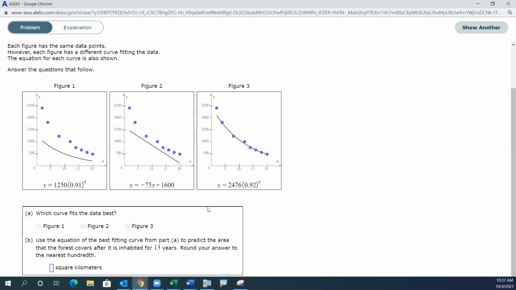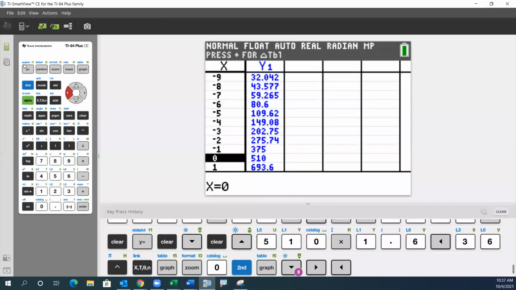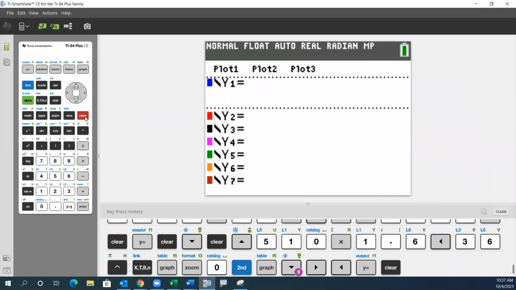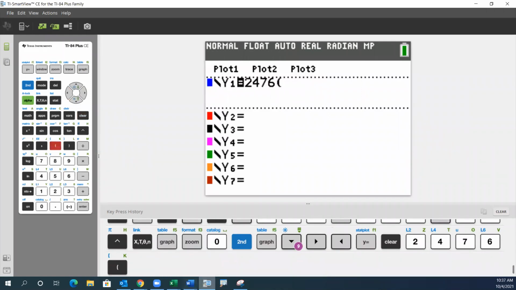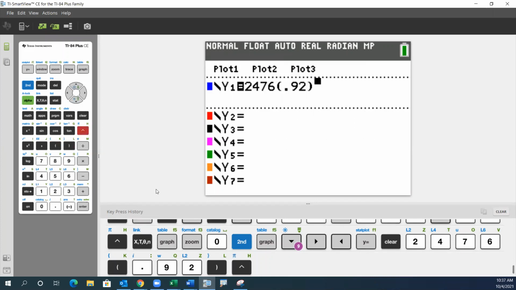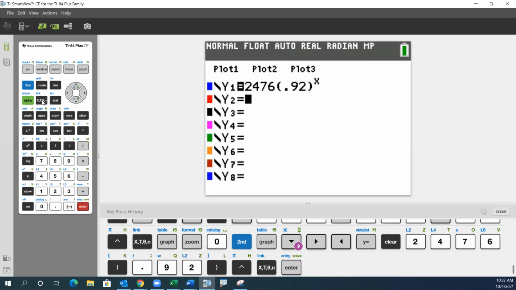So we know that figure 3 is our guy, so we're going to plug that in, and what do we got? 0.92 raised to x. So we've got the function. They gave us the function. That was pretty slick.